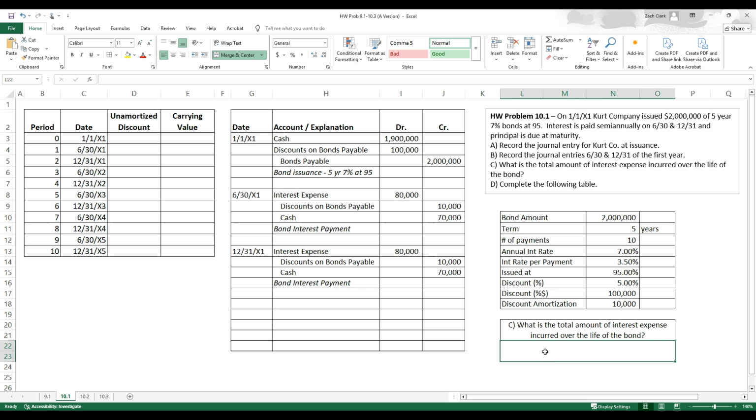And so the total amount of interest expense incurred over the life of the bond would equal the $2 million times 7% per year times 5 years, right? So the total expense over the life of the bond would be $700,000 essentially. Let me make that look a little better with formatting.